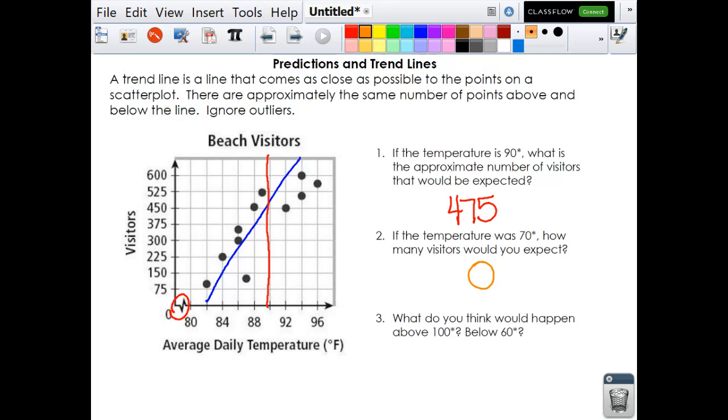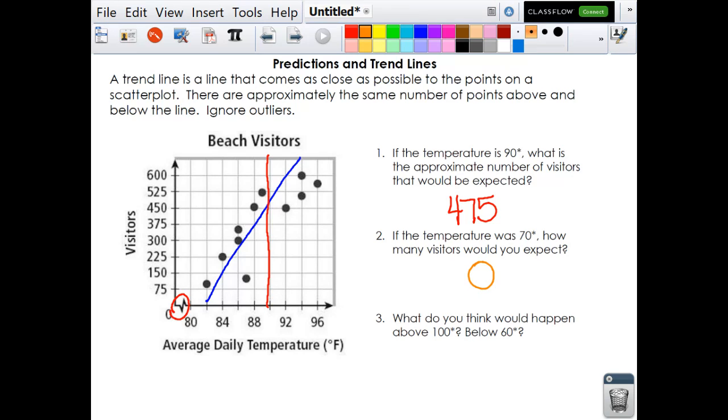What do you think would happen if the temperature went above 100? The visitors would just keep rising. You think so? It would keep rising? If it were real life, they'd probably just straight up leave because that's way too hot.